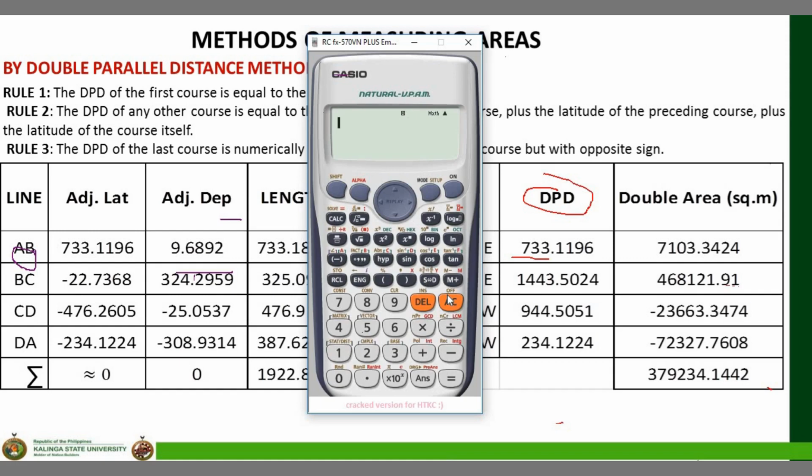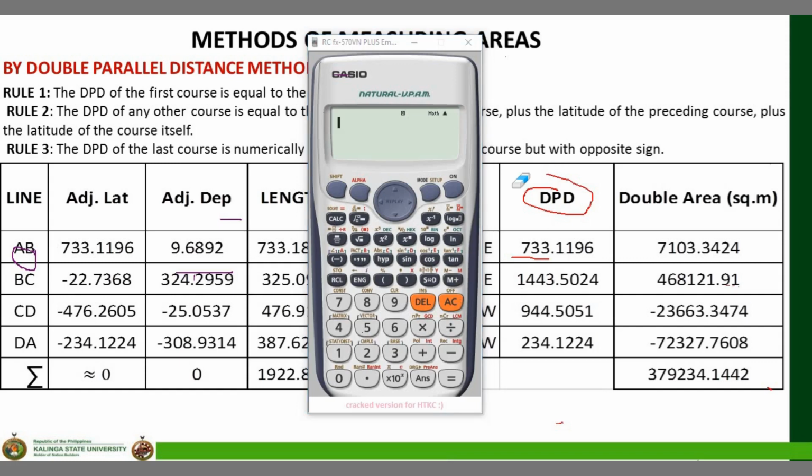But if the difference is 0.01, masyado nang malaki yun. Again, if your difference is 0.0002 or 0.0001, okay lang yun, negligible na. Pag difference mo is 0.01, you have to double check your values kasi baka may mali ka sa computations mo. Okay? Okay tayo sa DPD.